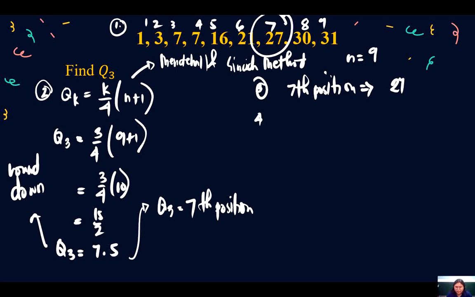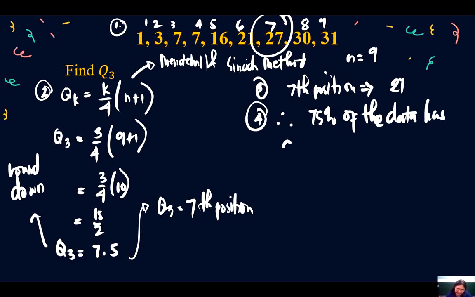Okay, next, our interpretation. So, therefore, dahil third quartile yan, 75% of the data has a value of 27. Sorry, correction.